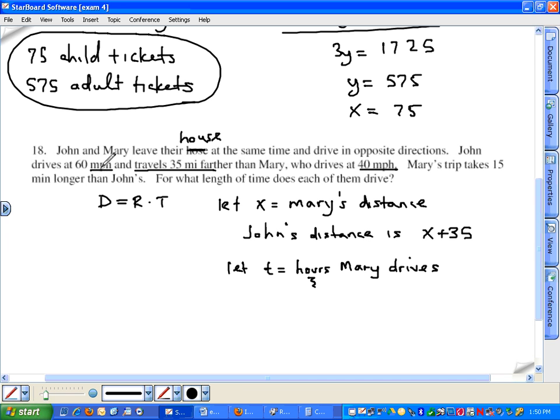We have to have the same unit of measure, miles and hours, since that's the rate that was given. So Mary's trip takes 15 minutes longer than John's. So Mary drives for t hours. That means John drives for t minus 15 minutes, which is a quarter of an hour. So t minus 1/4 hours.